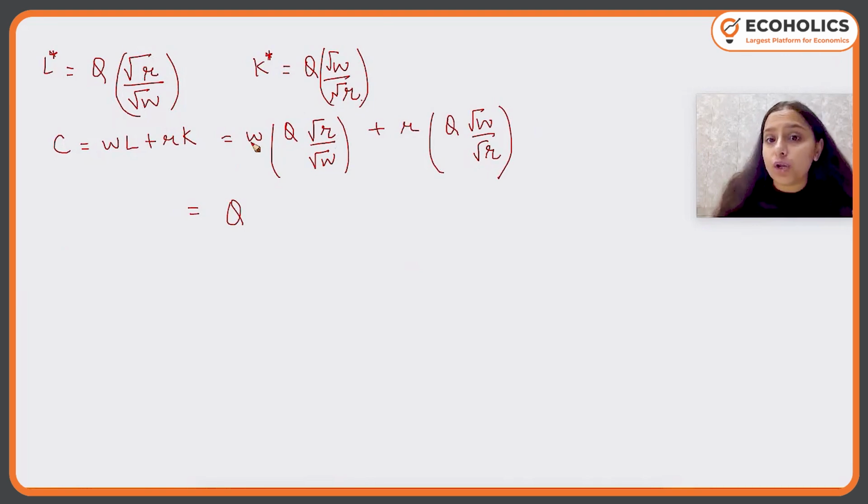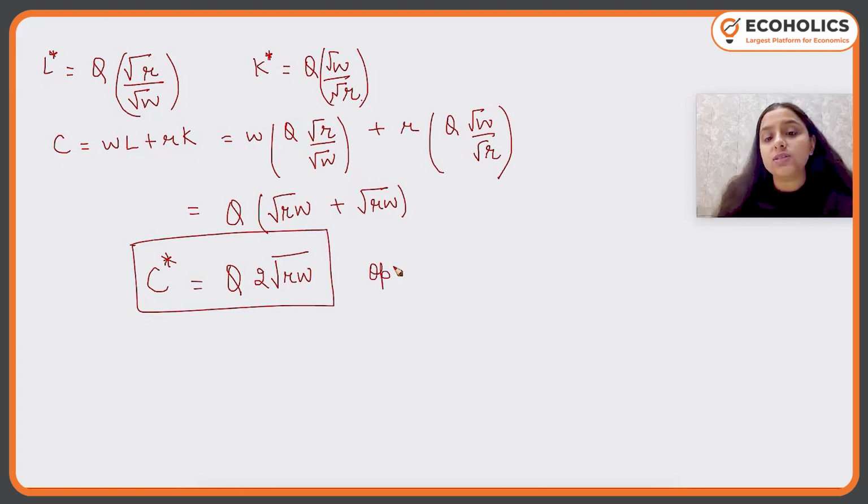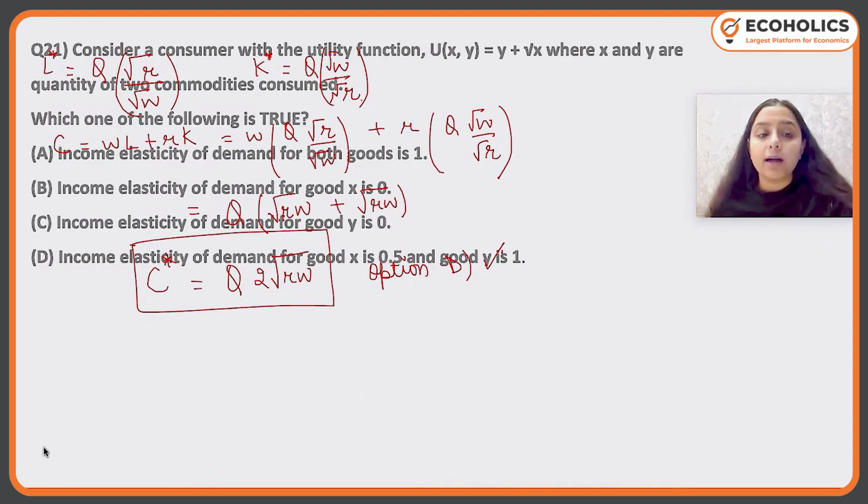So this will be under root W, likewise this will be under root R. I'm going to get Q as common, and this would give me under root RW plus under root RW. So the cost function at optimum is Q times twice the under root of RW, which is suiting my option D. And hence option D will be my correct answer.